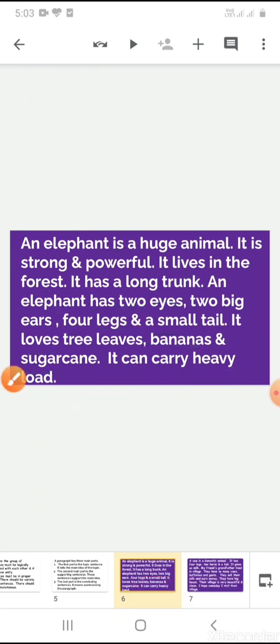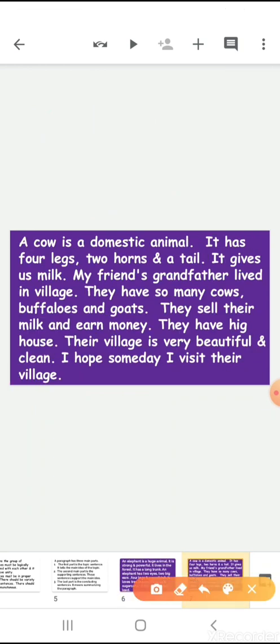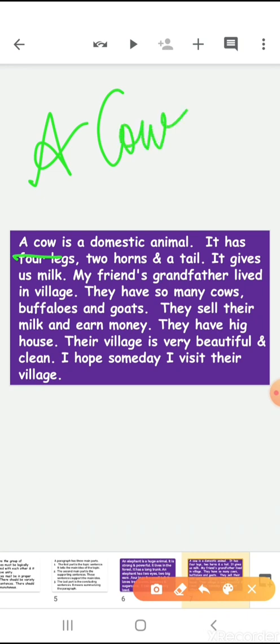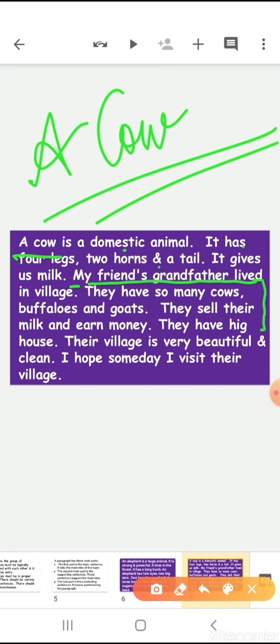Okay. Now the next paragraph is related to a cow, means we are writing on a cow, right? First sentence, okay. Second sentence, okay. But from the third sentence, my friend's grandfather lives in a village. They have so many cows, buffaloes, and goats. They sell their milk and earn money. They have a big house. Means from here, the sentences are not supporting sentences.